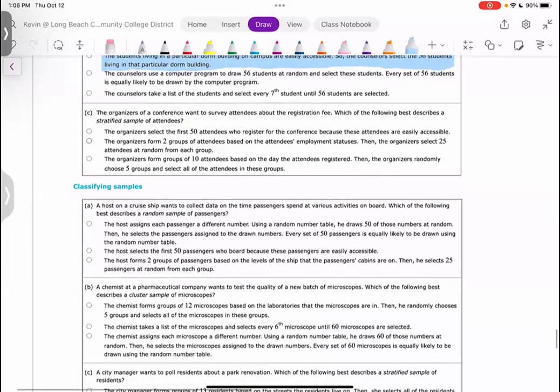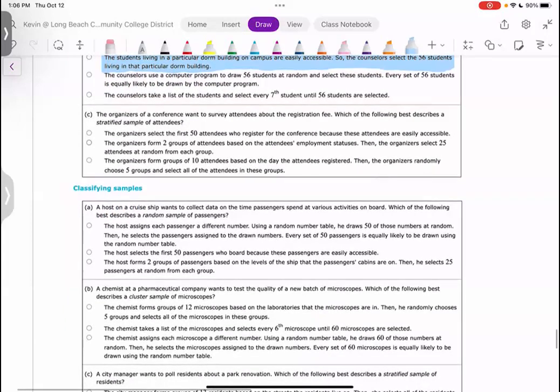And the reason I'm reading all of them is I want us to identify each of the different types, even though we already found the one that we were looking for. Part C. The organizers of a conference want to survey attendees about the registration fee. Which of the following best describes a stratified sample of attendees? First one. The organizers select the first 50 attendees who register for the conference because these attendees are easily accessible. That's convenience.